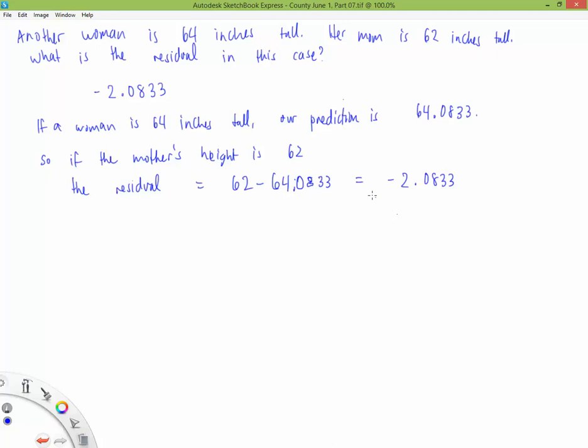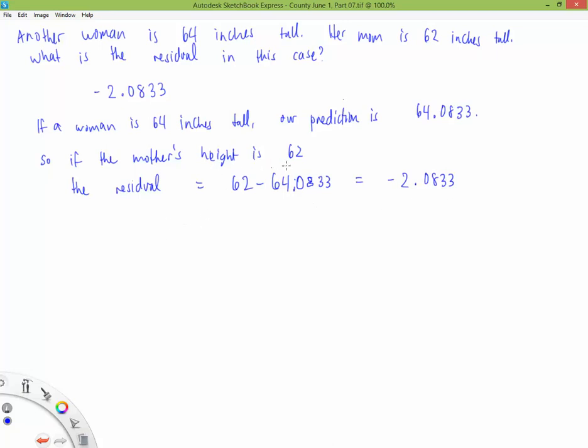So some of this math we should be able to do. Now, maybe we have an over dependence on our calculators and stuff. Okay, so anyway, we get negative 2.0833.